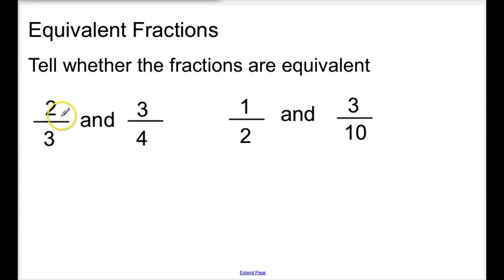So if we were looking at multiplication, I can start with the numerator or the denominator of this fraction, and I can simply try to figure out if I can multiply to get the new fraction.